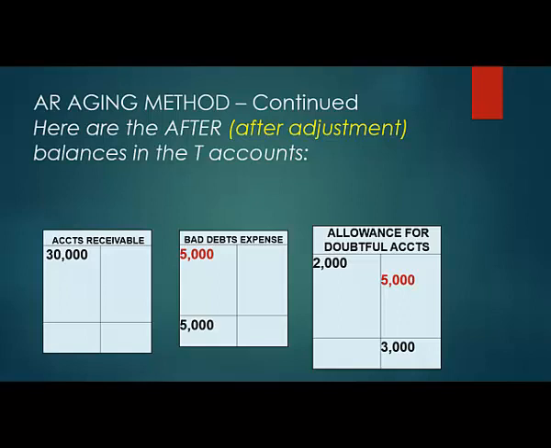Now remember, the normal balance for allowance for doubtful accounts should be a credit balance, but as I said, we wrote off too many in the previous quarter or month. So our journal entry has to take that debit balance into account because our goal is 3,000. So to get from 2,000 debit to 3,000 credit, we need 5,000.